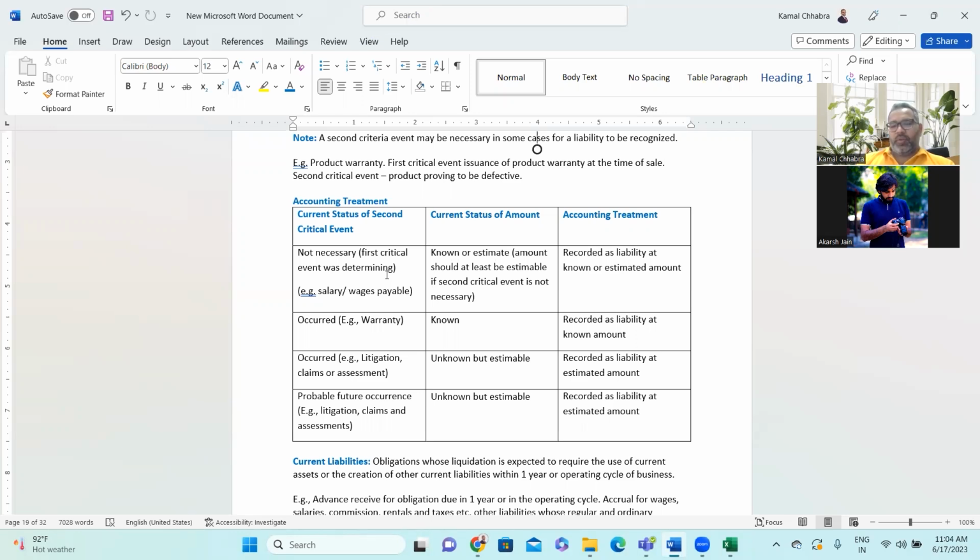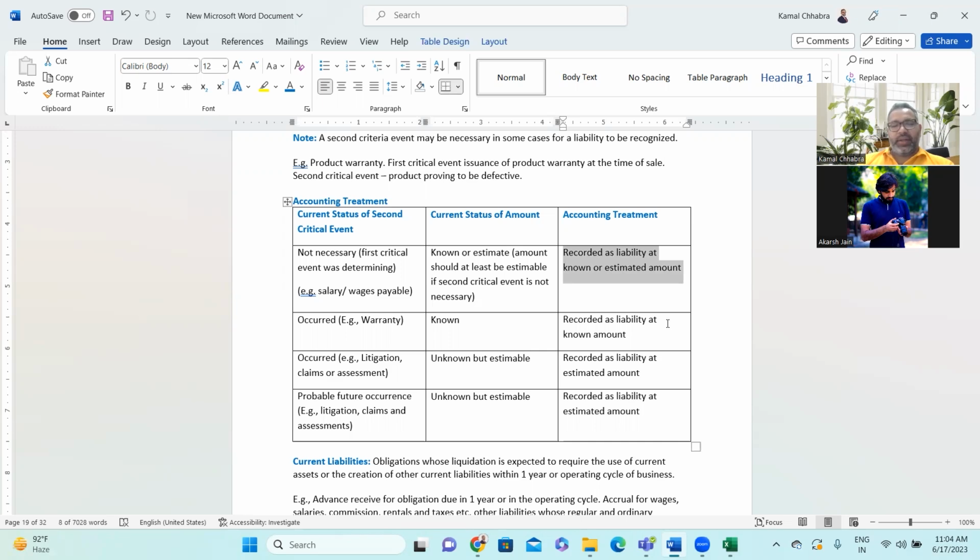For salary payable, you know, like employee have worked and you need to pay on, let's say, 7th of the next month, right? For that, you need to book the liability. In that case of scenario, you know or estimate the amount should be at least estimatable if second critical event is not necessary. So in that case of scenario, you do a recording as a liability at the known or estimated amount, right?